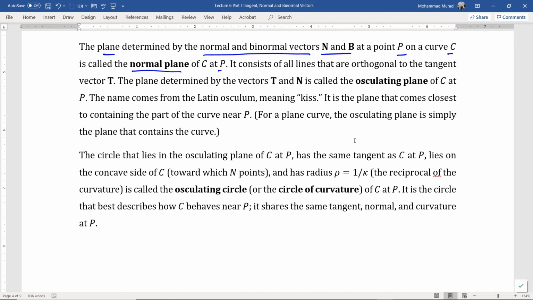It consists of all lines that are orthogonal to the tangent vector T. The plane determined by the vectors, the unit tangent vector T and the unit normal N, is called the osculating plane of C at P. Please see the notes for the details.